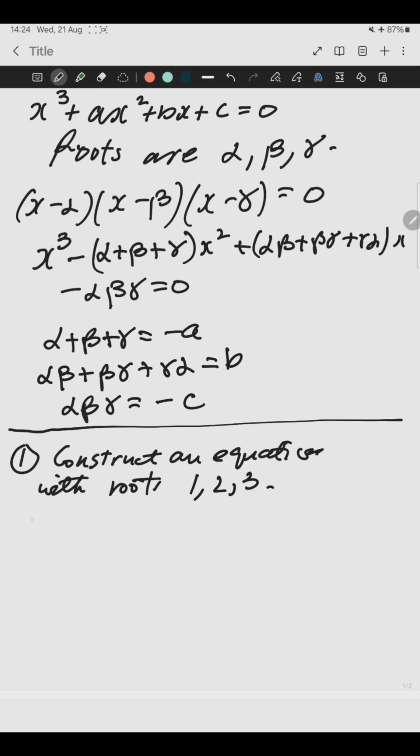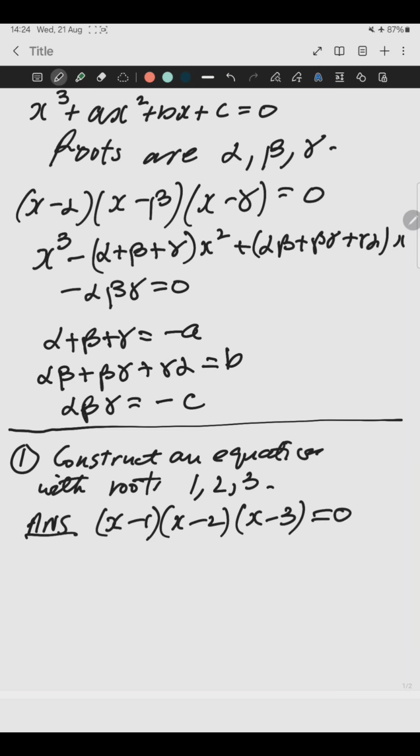Well, this is quite simple. I'll give you an easy one to start with. It'll be x minus 1 times x minus 2 times x minus 3 is 0.